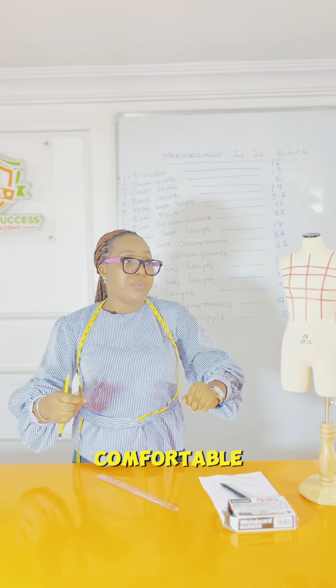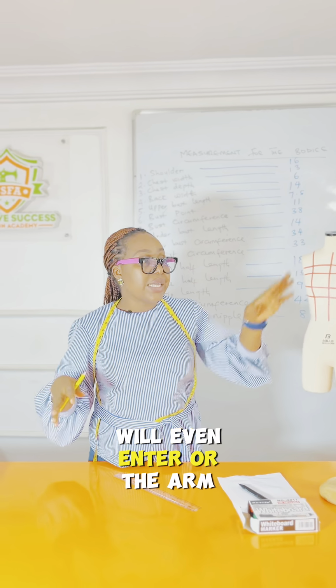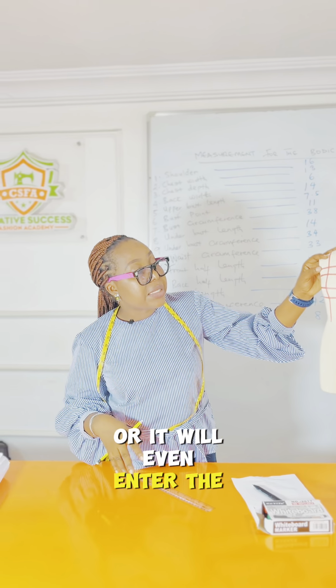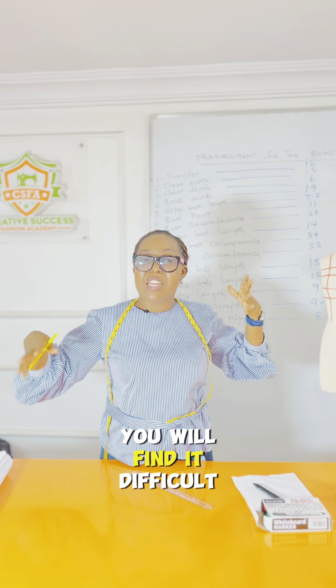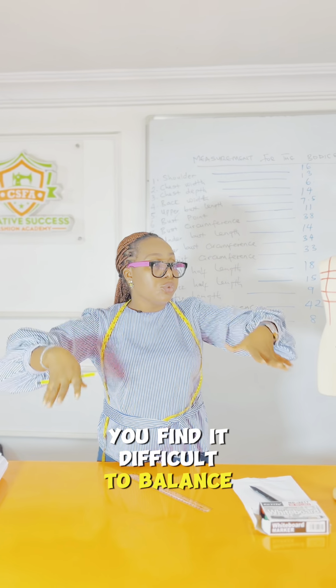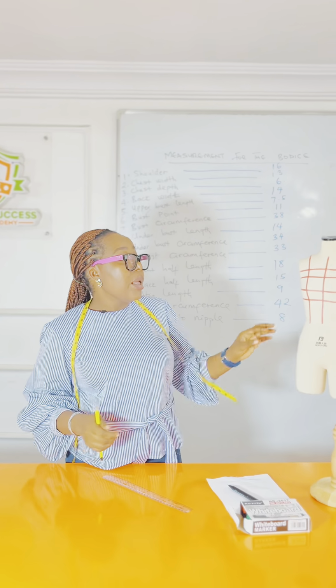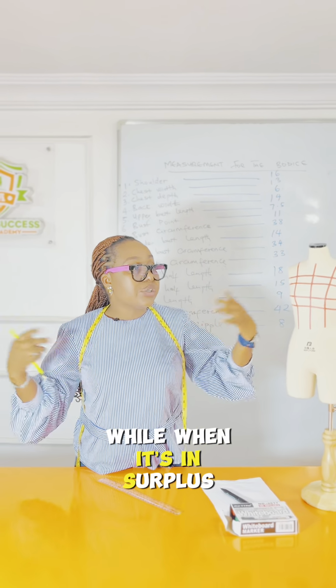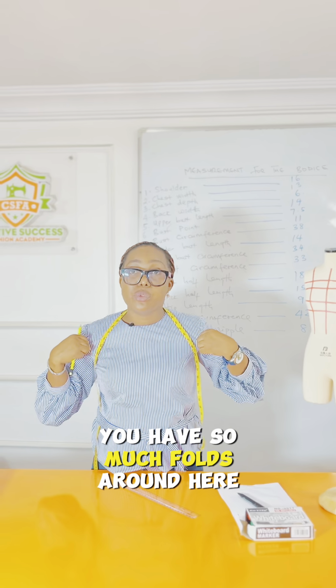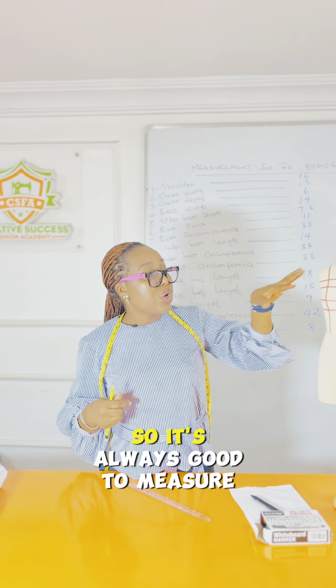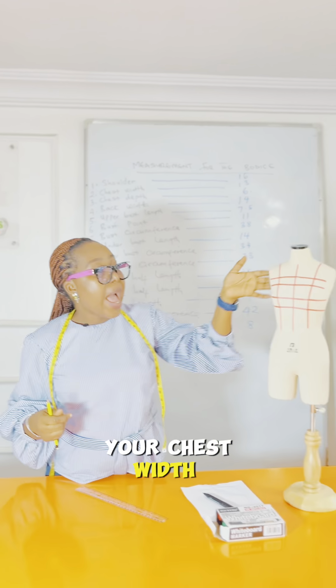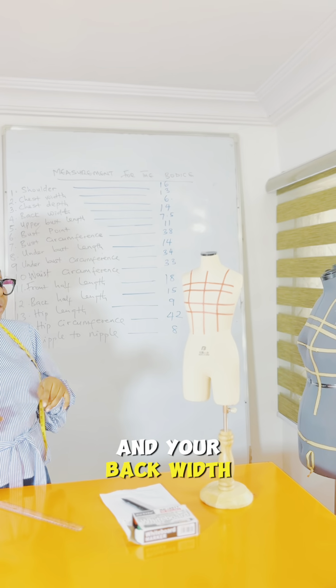The person wouldn't feel comfortable. The sleeve will be so tight, you will find it difficult to put on your clothes. While when it's in surplus, you have so many folds around here. So it's always good to measure your chest width and your back width.